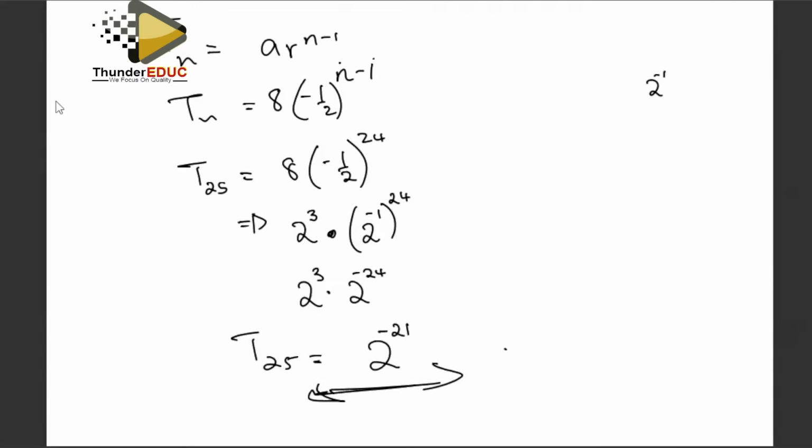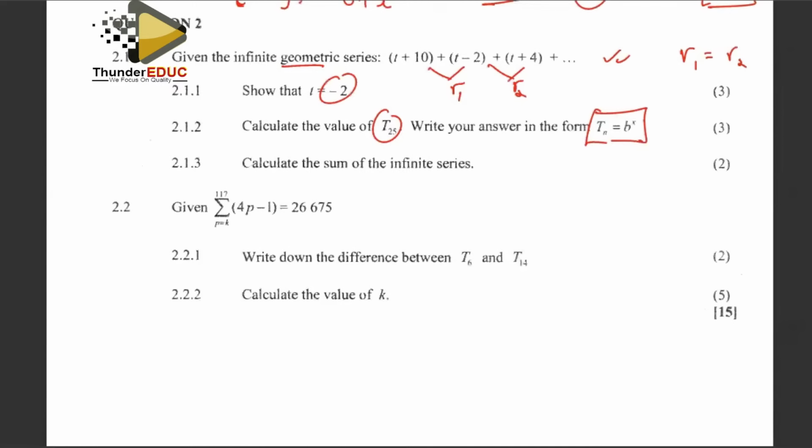All right, so that is how I would have approached that question for the 3 marks. And then 2.1.3, they want us to get the sum to infinity, or the sum of the infinite series. So we know that the sum to infinity is given as a over 1 minus r. Our a, we said, was 8 over 1 minus a half, because we said the common ratio is negative a half.